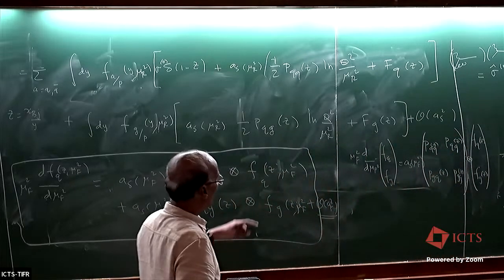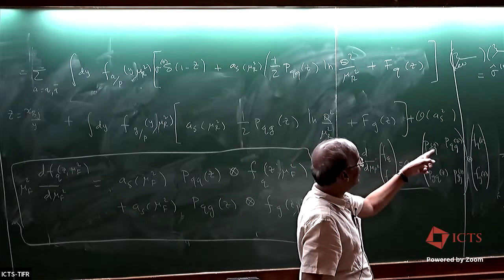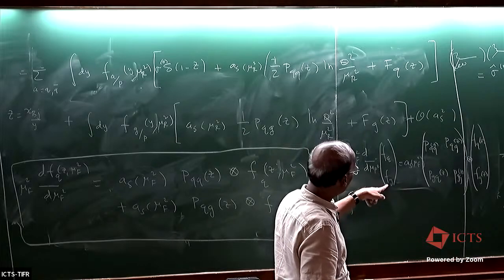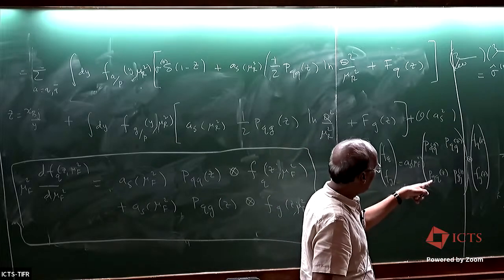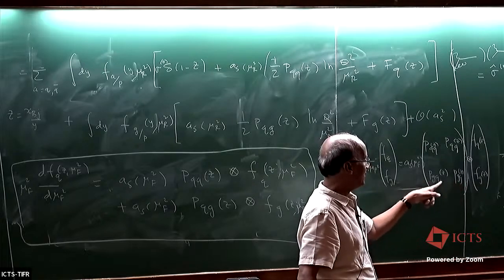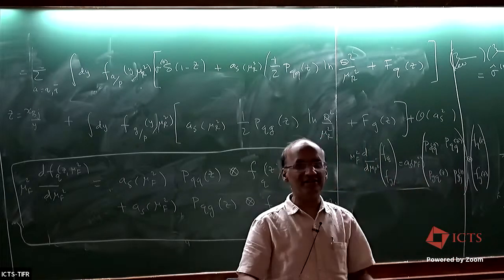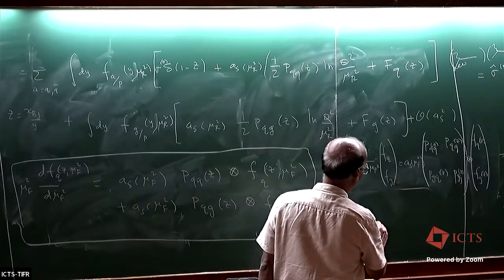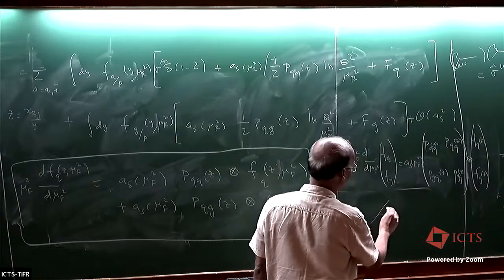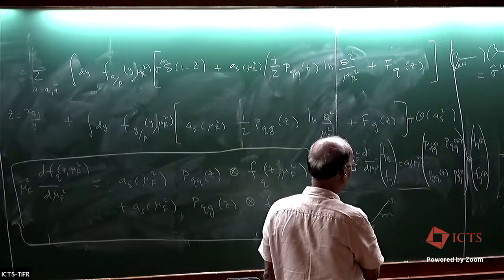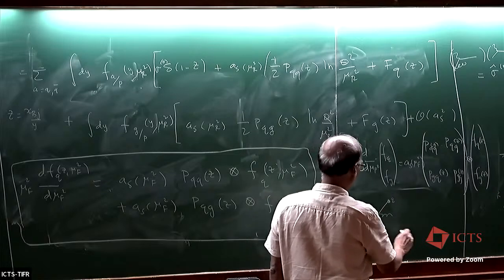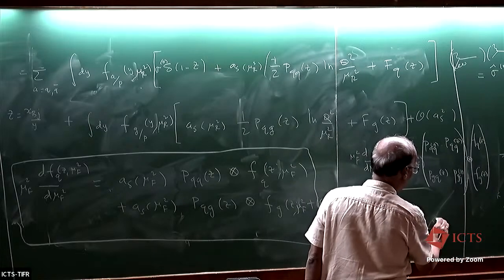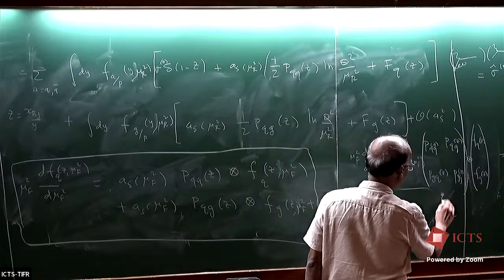So the evolution of f_q is controlled by two splitting functions, P_qq and P_qg. The evolution of f_g, the gluon distribution, is governed by P_gq and P_gg. These are called splitting functions actually. So P_qq would come from diagrams like this. It is the probability of finding a quark in a quark. And P_qg is finding a quark in a gluon.